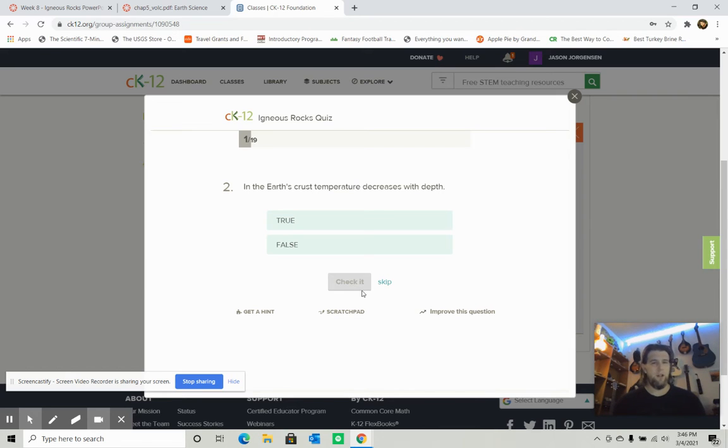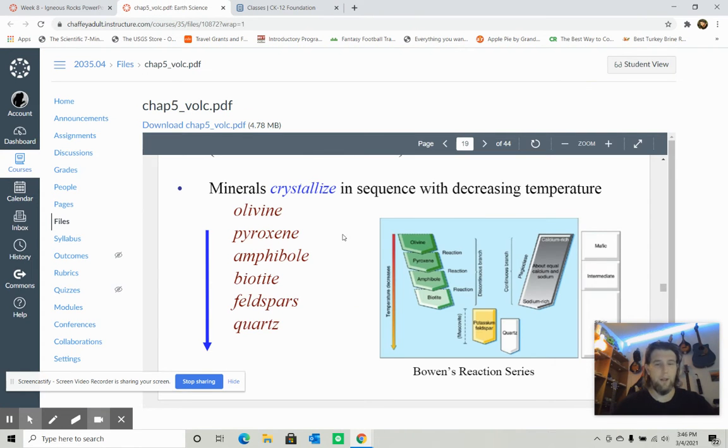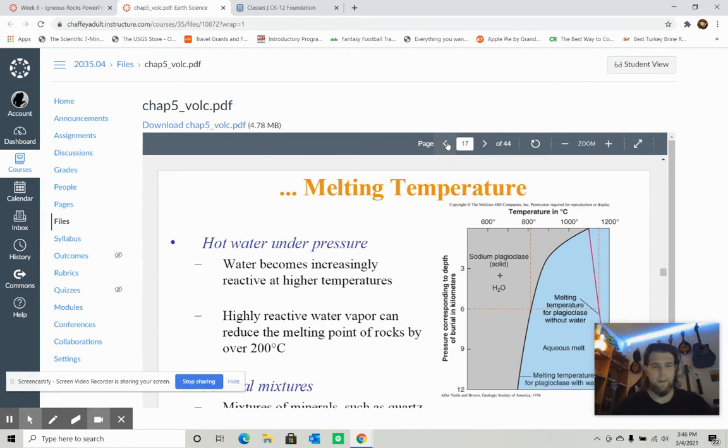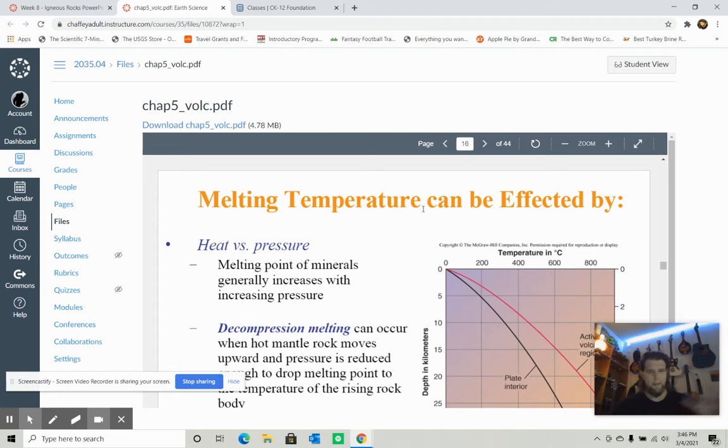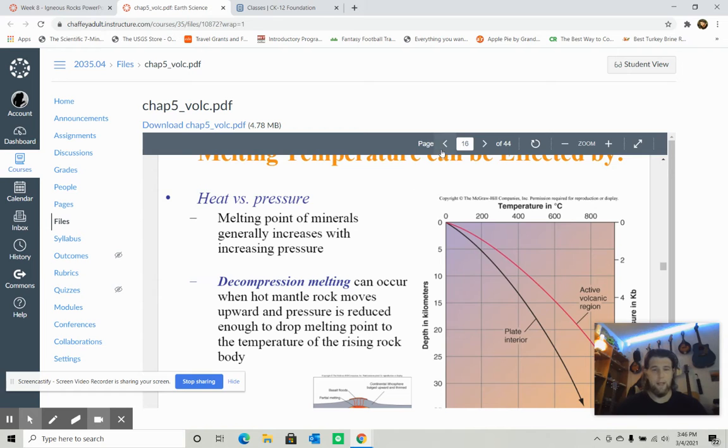Part of the problem with some of these questions is we'll try to mix you up with the wording. So if they're saying that the temperature decreases with depth, they're saying it gets colder as you go through the layers of the Earth. If we look back at our PowerPoint, the PDF that we have, we looked here at the gradient.